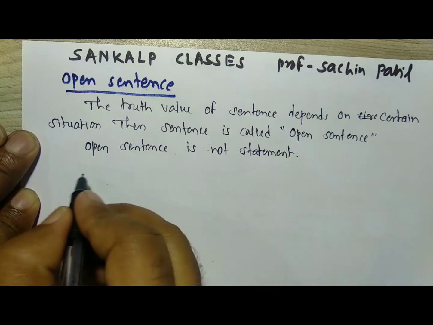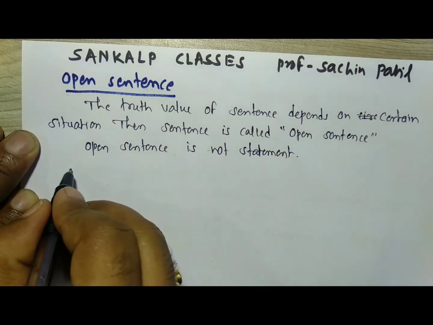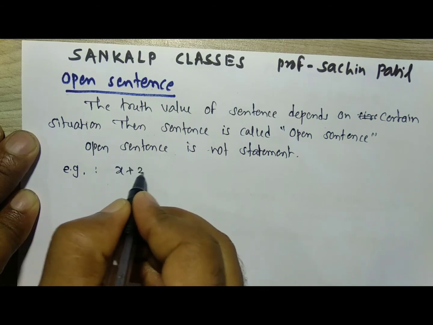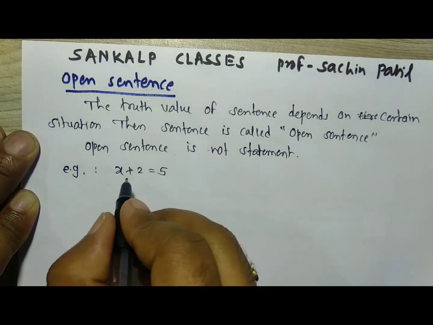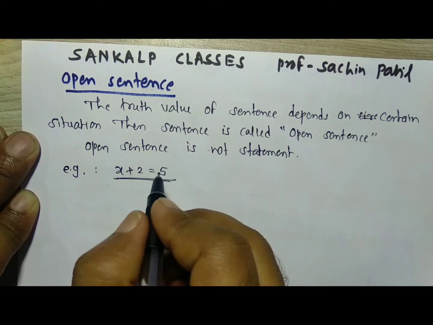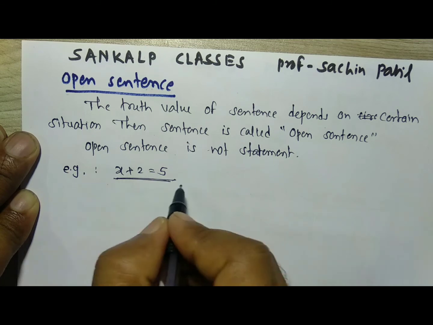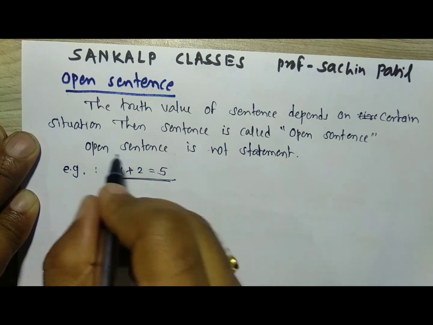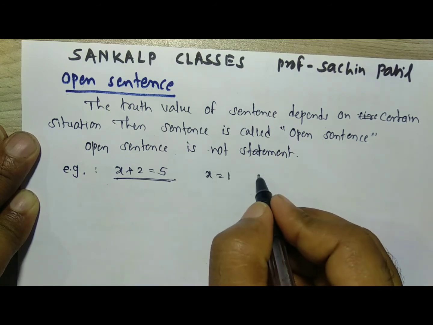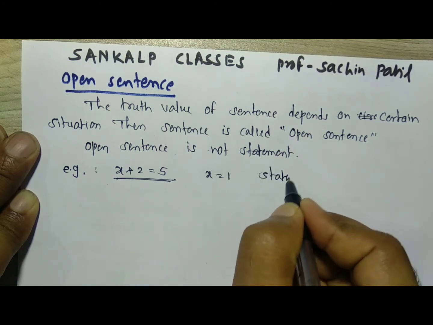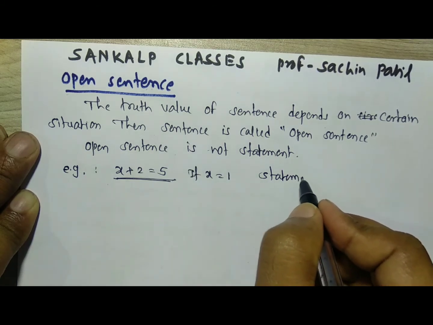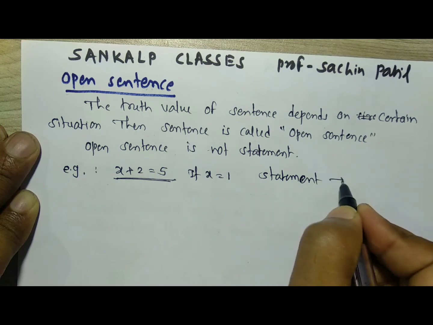For example, I am taking the example from the previous consideration: x plus 2 is equal to 5. Inside this statement, what is the situation of x? x is a variable having different values. If x is equal to 1, the statement becomes false.